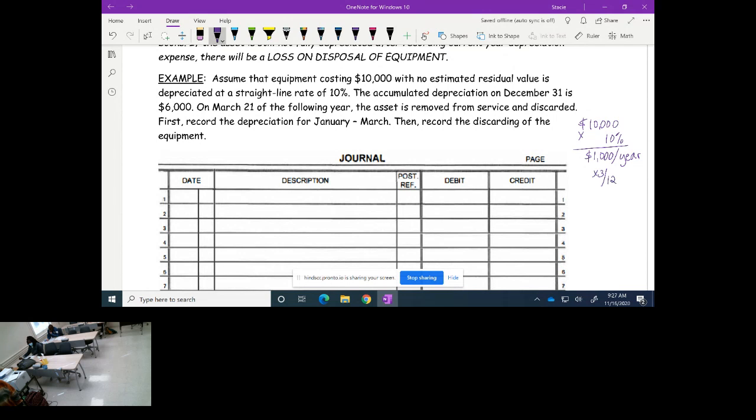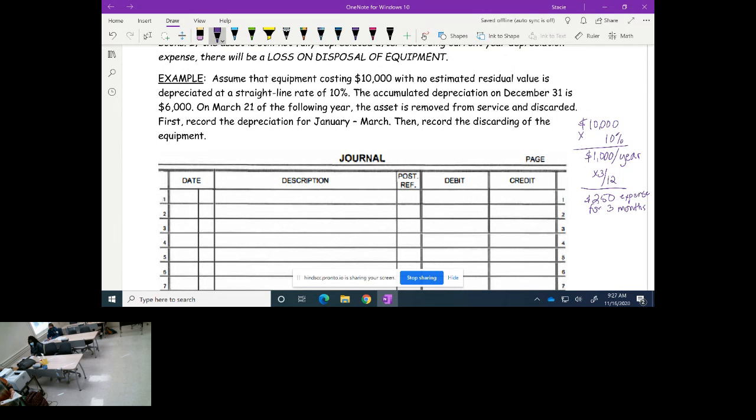Divide by 12, multiply by 3. I got 250. So that's 250 expense for 3 months. You're just prorating it, taking enough expense to cover those 3 months. And since we're past the 15th, we're just going to take a full month's worth.